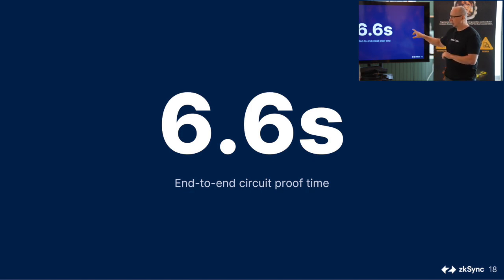No. This 6.6 seconds is for the first layer of proofs or circuits. This is the main VM circuit, the most used. You still aggregate these and create another aggregate proof, and you aggregate until you end up with a single Stark, and then you wrap it into a snark.